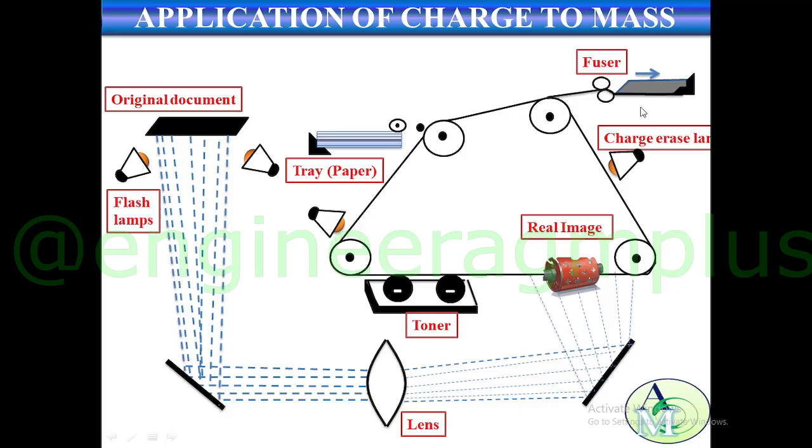And we have a fusor here. This fusor produces heat that makes the image stick to the paper. And this tray is where we receive our printed image on the paper. Can you now see how important charge to mass is to the world?